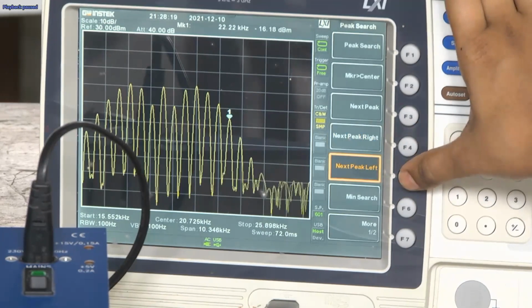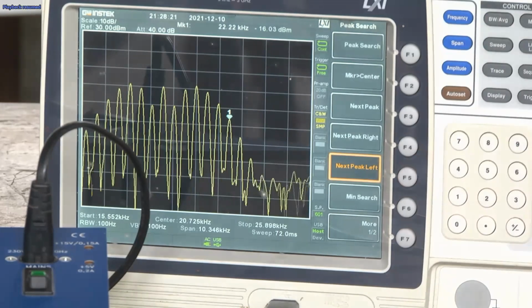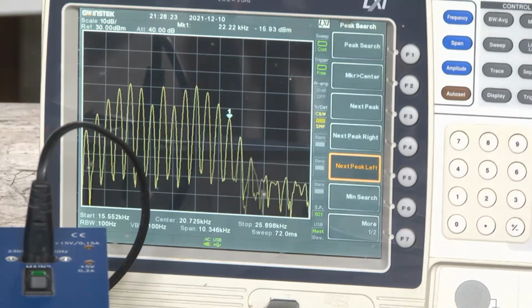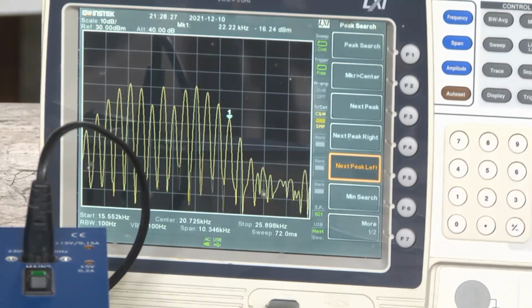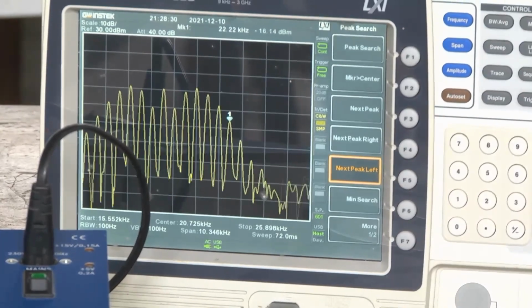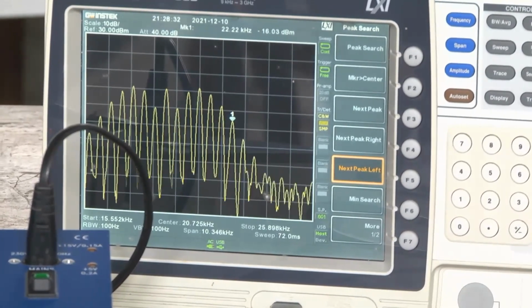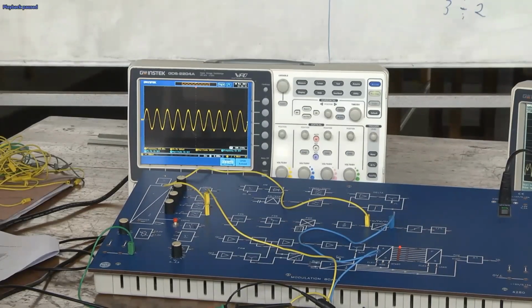Let's move to the next one. Here it is minus 16, so it's higher than minus 20. So we can take this as the maximum frequency. Now we have checked the 0.5 volt input for 500 hertz and seen the maximum and minimum frequencies of the output signal.